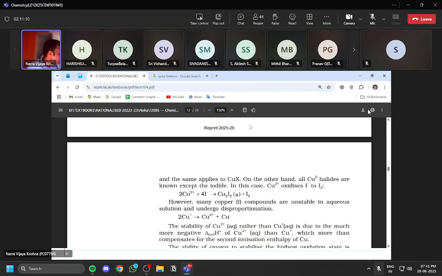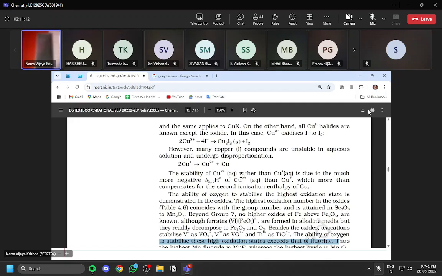Observe here. However, here copper is in +1 state now. However, many copper +1 compounds are unstable in aqueous solutions and readily convert to copper +2. They undergo disproportionation. Reason: when copper +2 is surrounded by water, more hydration energy is released and hence it becomes stable.